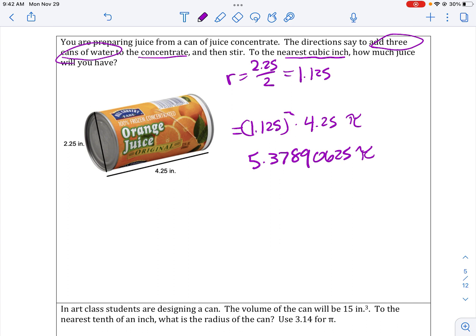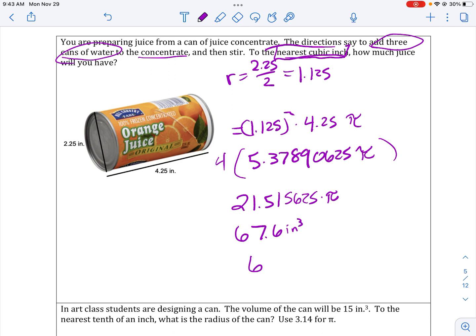Now I'm going to multiply it by 4 because I'm pouring 4 cans into a pitcher, 1 with the concentrate, 3 filled with water. And now I'm going to multiply that by 3.14 or pi. And I get, rounded to the nearest tenth, this many cubic inches, but it says round to the nearest cubic inch, so that would mean it is 68 cubic inches of juice.